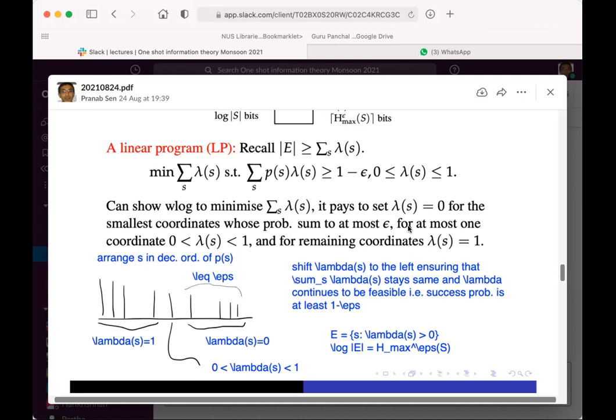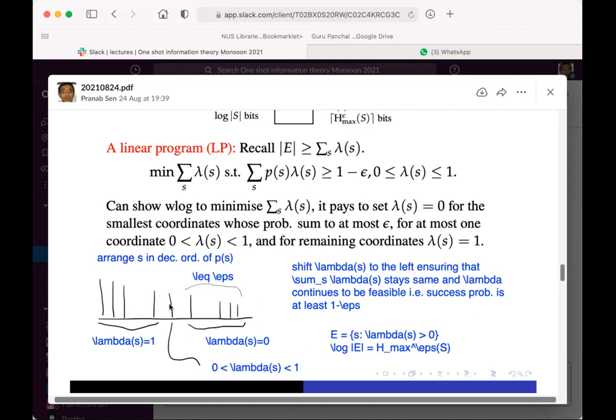What I'm doing is I'm thinking of a new decoding scheme where the decoder decodes the rightmost S with a little lesser probability, so that it is lambda S minus theta, and it decodes some S prime to the left with a slightly better probability, lambda S prime plus theta.